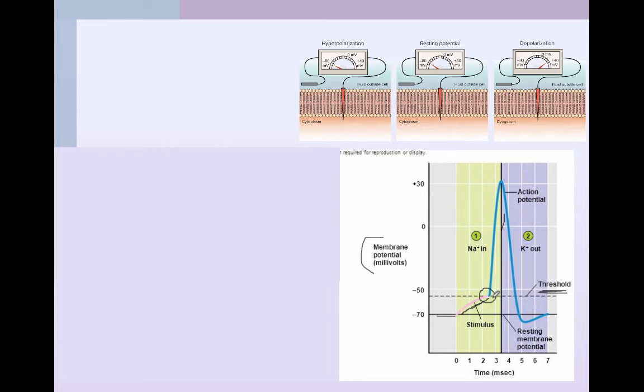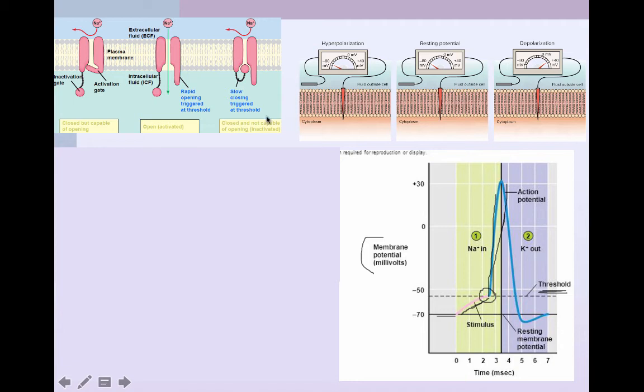And at this point, you can see that the permeability to sodium becomes much, much greater, and sodium floods into the cell. And now the depolarization happens very, very rapidly, and this phase is almost vertical, straight up and down. This is occurring because now we've opened up those voltage-gated sodium channels. And again, we open up the activation gate, and sodium rushes through.